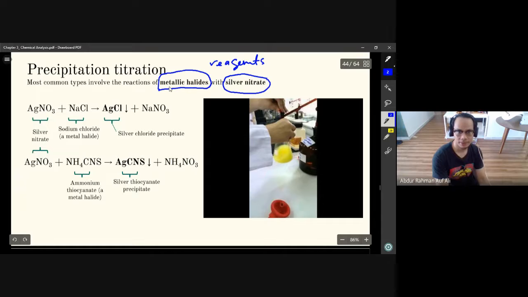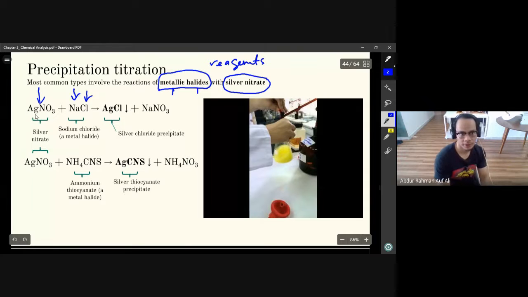So metallic halide ni bermaksud elemen metal dan juga elemen halogen. Contohnya kat sini adalah sodium chloride. Na is a metal, chloride in this case adalah halogen, group 17. Na group 1 is a metal. Silver nitrate is this one. Ag is silver and O3 is nitrate.